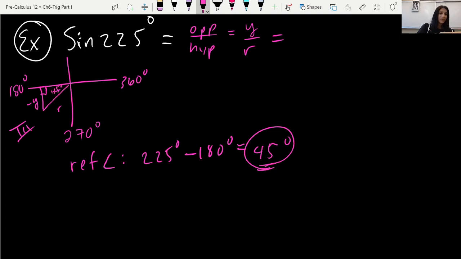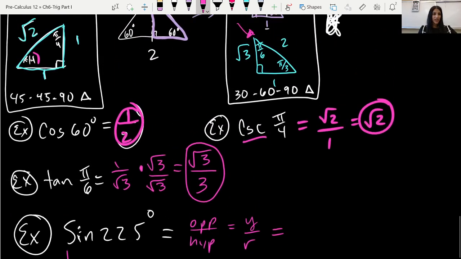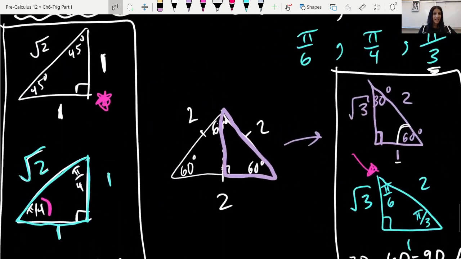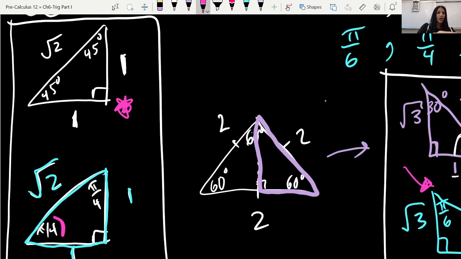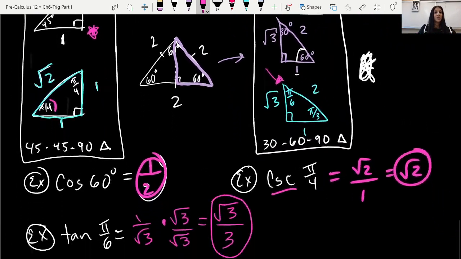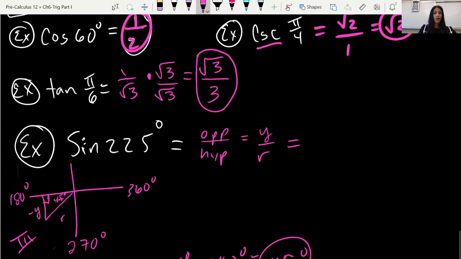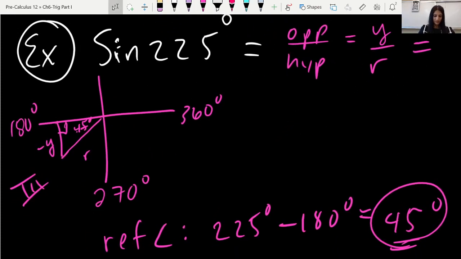So now I know that that middle angle is 45 degrees. According to my special triangle, the two sides are 1 and 1, and my radius, or my hypotenuse, sorry, would be root 2. So the two sides would be -1 and -1, and the r value would be root 2.